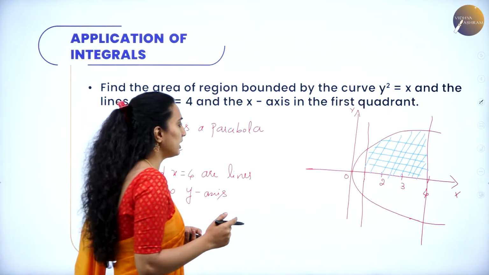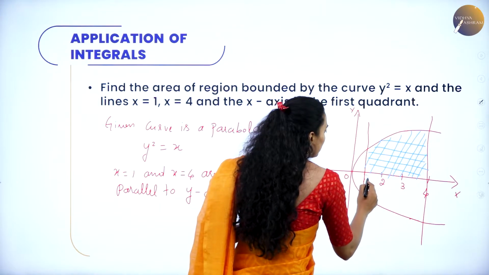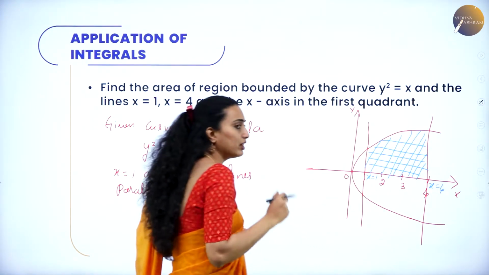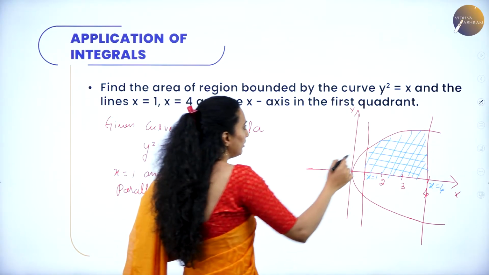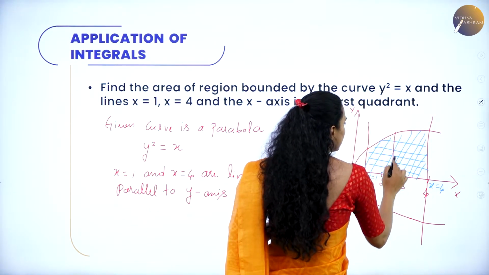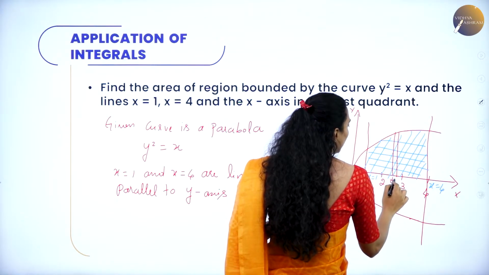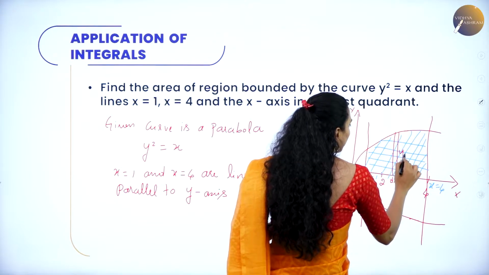Now here, x = 1 and x = 4. I am going to draw the vertical stripes here. If I draw the vertical stripes, this width is dx, and this height is y.